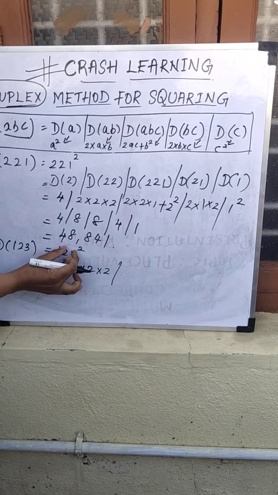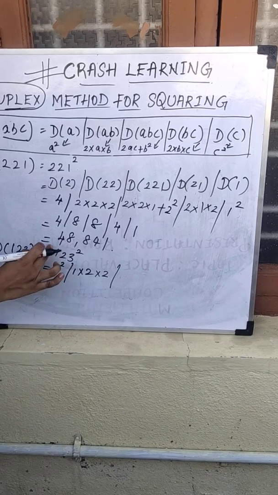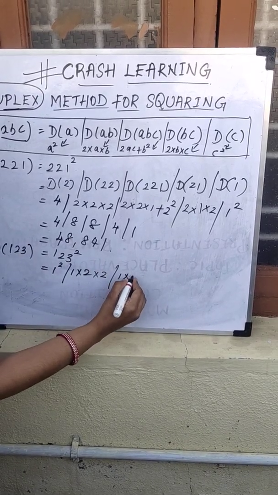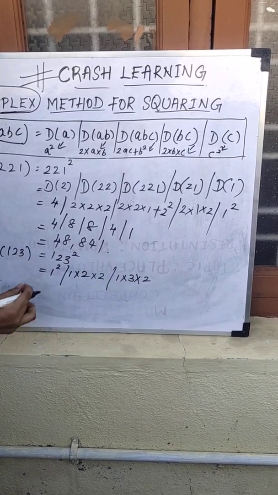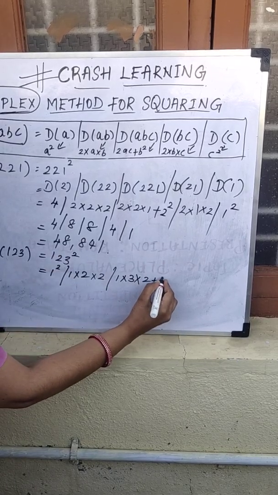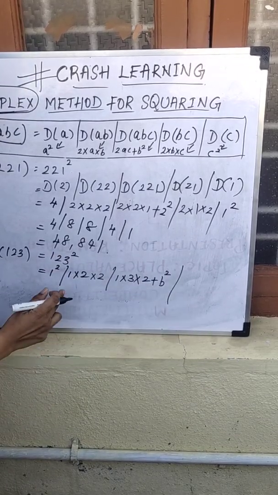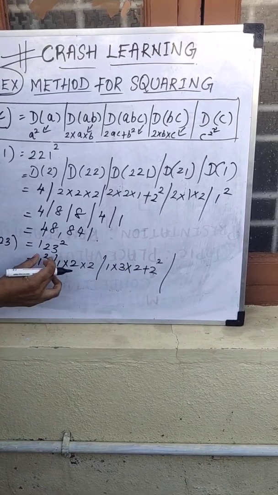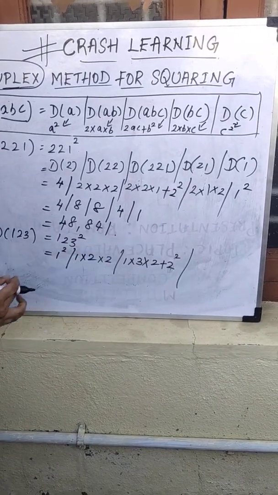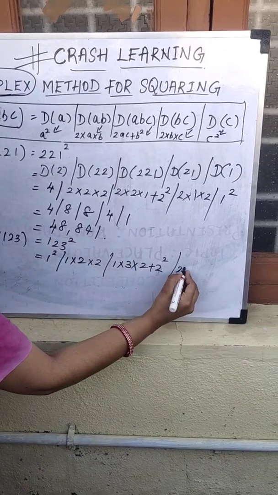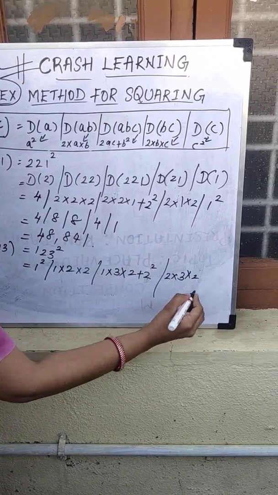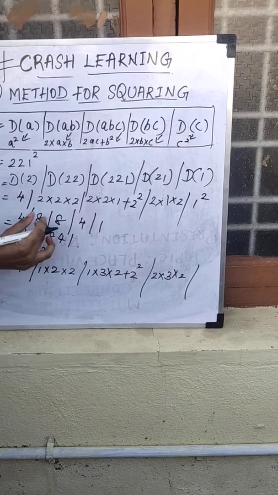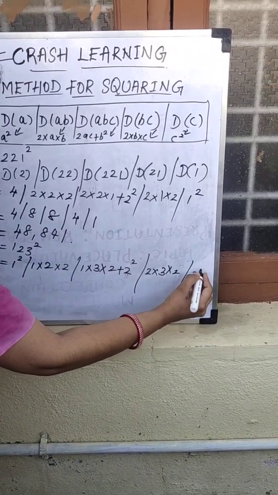Then the duplex of 123, which means A and C you should multiply, and that should be multiplied by 2, and B should be squared and added, which means 2 should be squared. Then the next part, 23: we find the product 2 into 3, and that should be multiplied by 2. And at last 3 should be squared. So 3 square is 9.